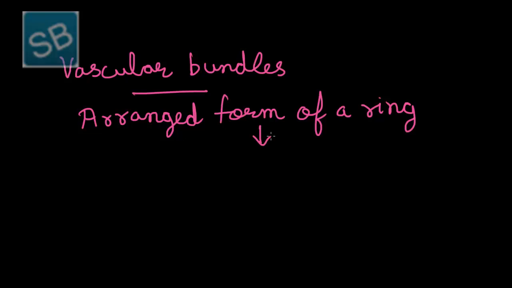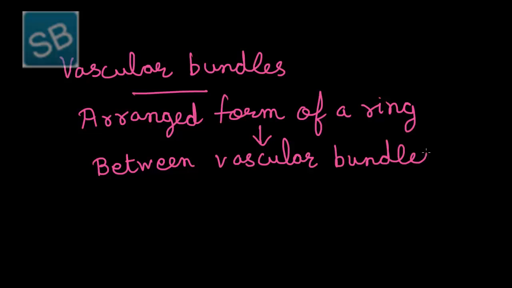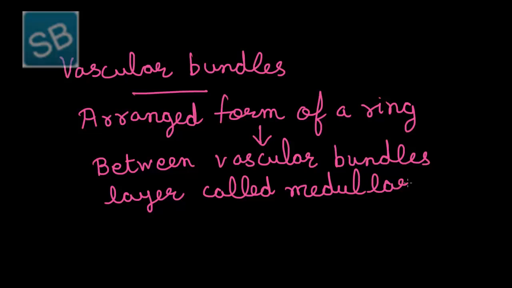In between vascular bundles, a layer known as medullary ring appears, which is made up of a few layers of radially arranged parenchymatous cells.